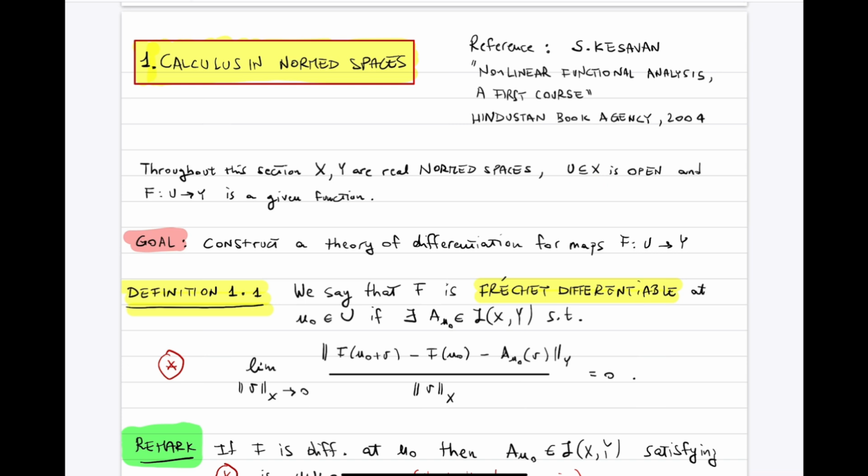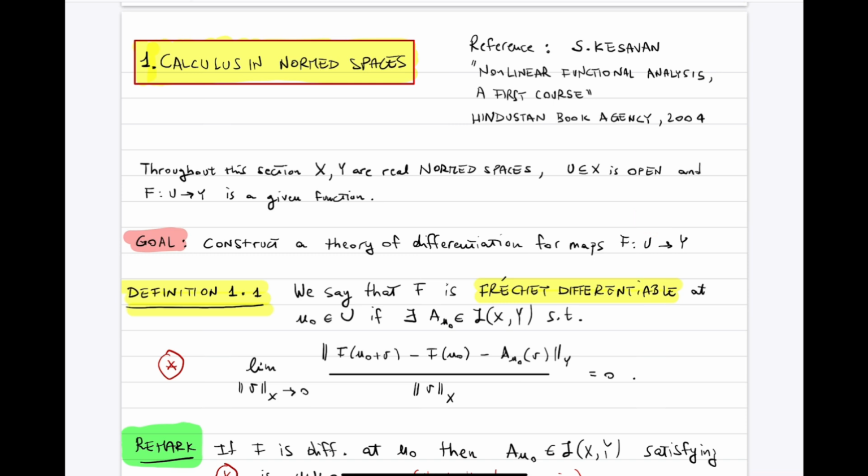Our objective is to construct a theory of differentiation for maps that are defined from U to Y. Remember that U is a subset of this space X. This would generalize the concepts of calculus 1, basically the theory of differentiation for scalar or vectorial functions in Euclidean spaces.